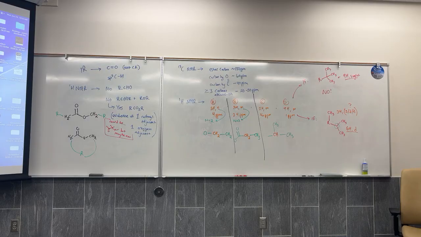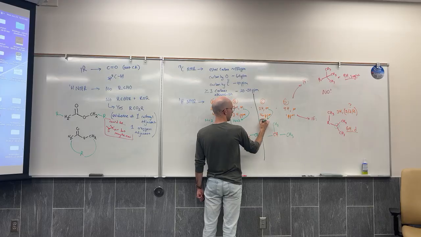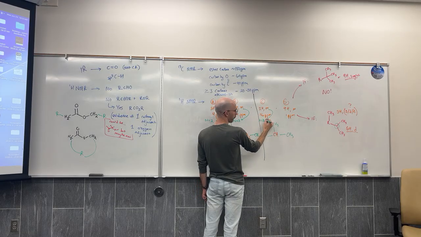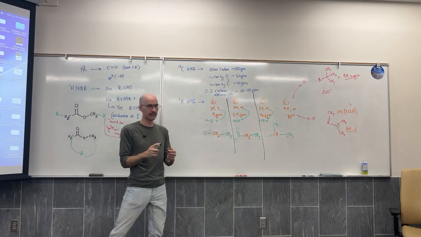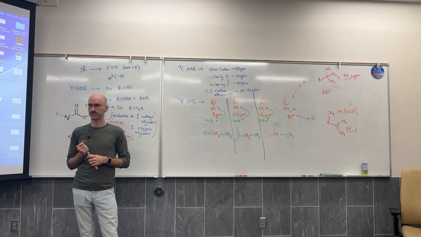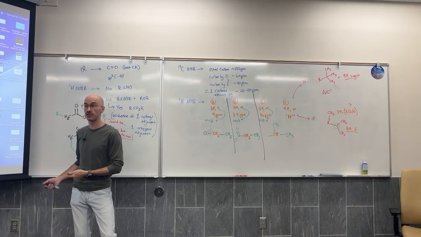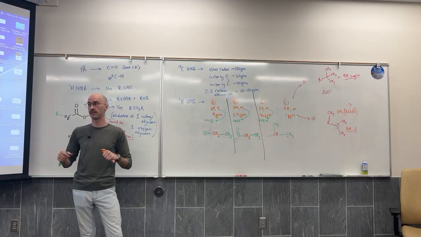Oh, I was going to say something else as well. Because it's a multiplet, we know the number of neighbors is greater than or equal to 4, I would say. We know that there's at least 4 neighbors. There's going to be a lot going on here. It's not connected to the carbonyl, or its signal would be shifted more left. It's not connected to the oxygen, or its signal would be shifted way more left.